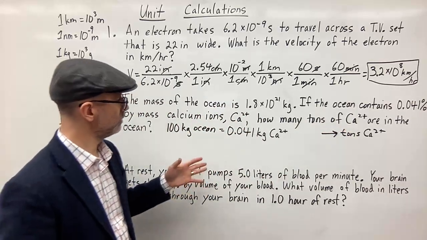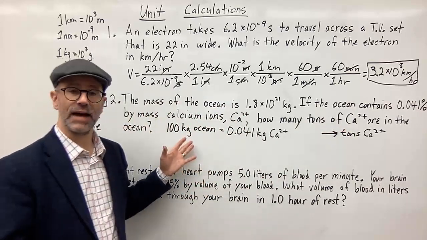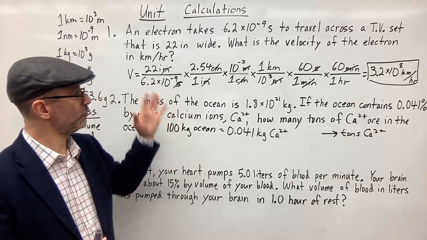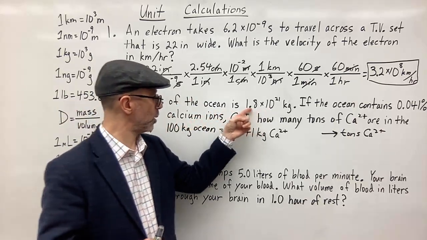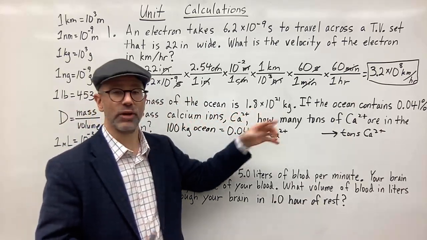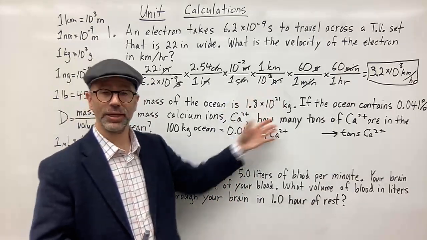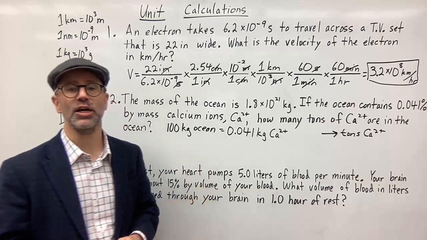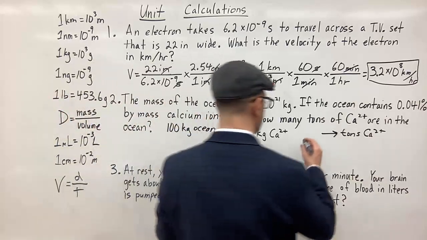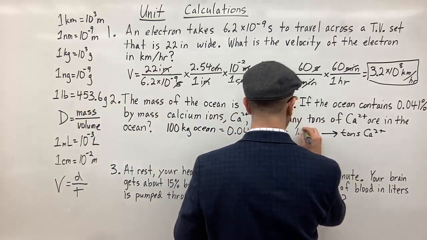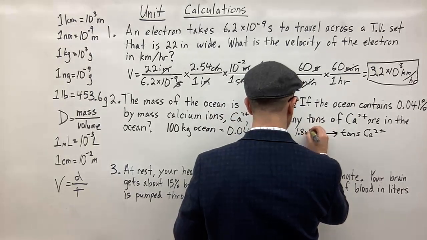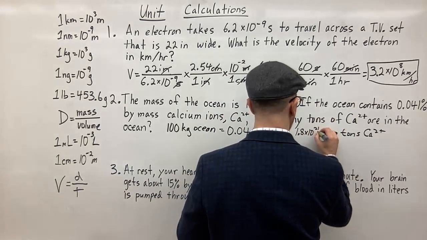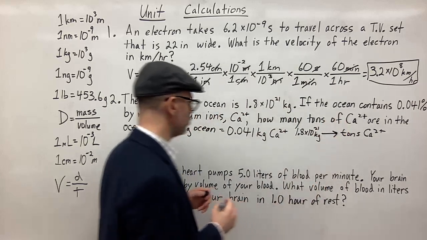Where are we going to begin? Doesn't have it in the question, but if you look in the problem here, we got 1.8 times 10 to the 21 kilograms of ocean. This is not related to anything. There's no relationship, so it's not a conversion factor. So we got to begin with the 1.8 times 10 to the 21 kilograms of ocean.